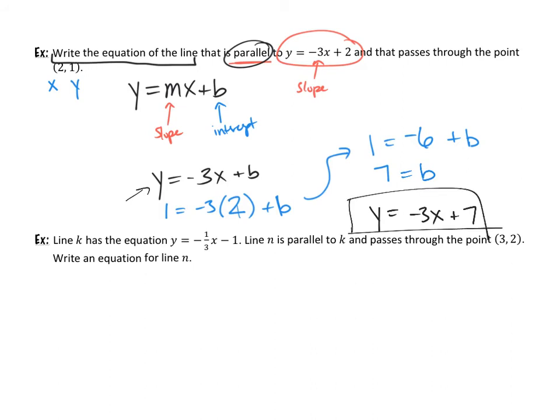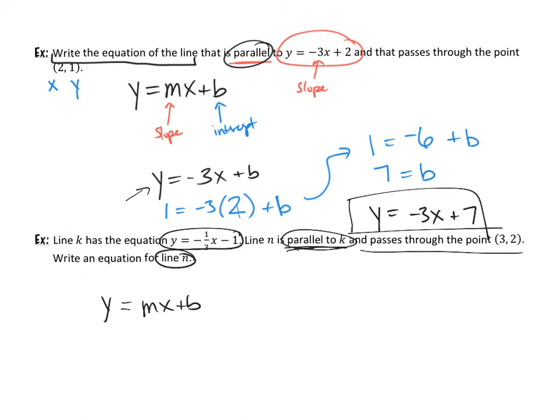In our second example, we want to have an equation for line n, which we know is parallel to k, which has this equation, and then it passes through this point. So this is going to be a very similar process. Okay, so we know we want an equation for y equals mx plus b for n.